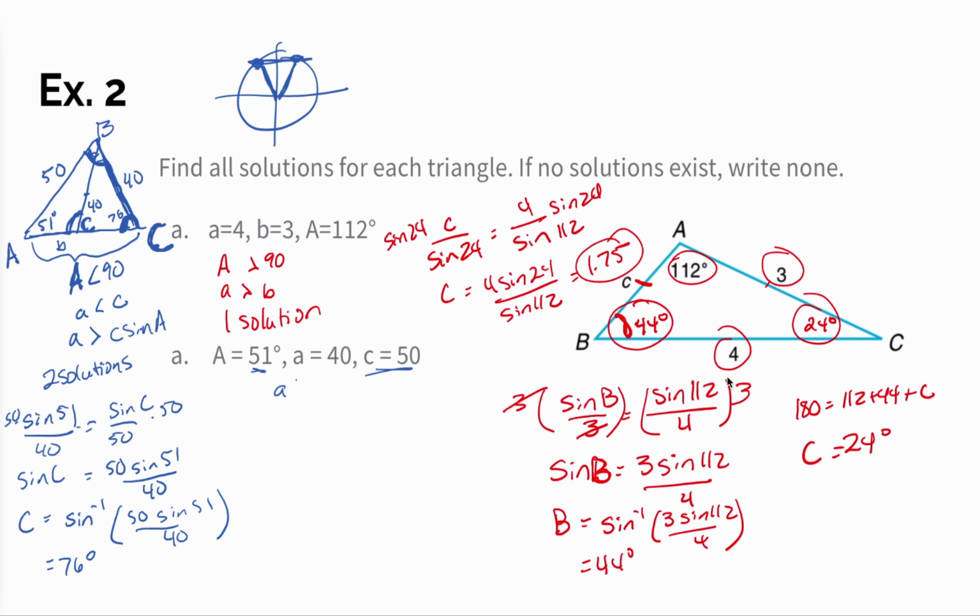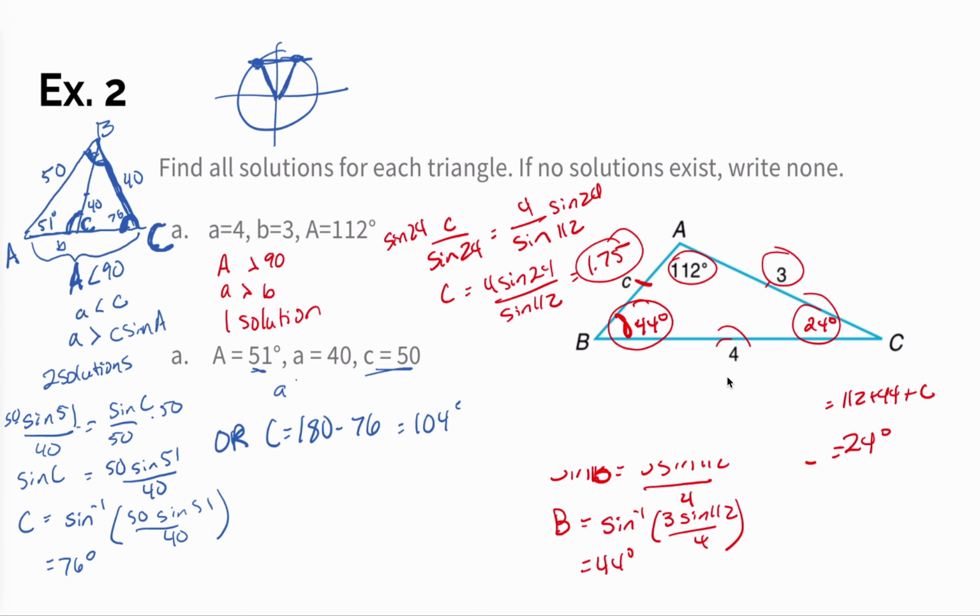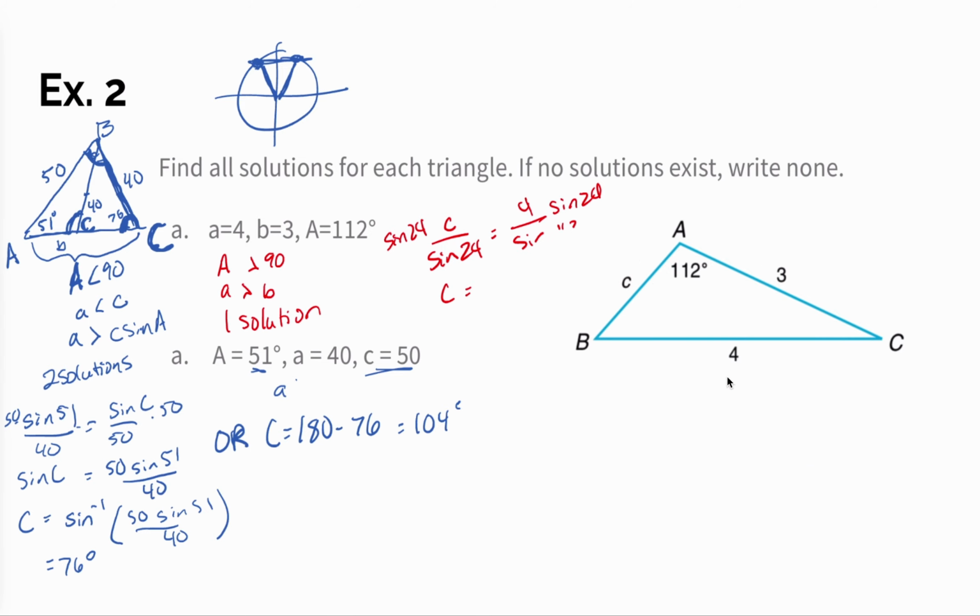And that obtuse angle is going to be 180 minus 76, which would be 104 degrees. And I'm going to erase some of this so that I can keep writing. So we've got one case where C is 76 degrees and one case where C is 104 degrees.